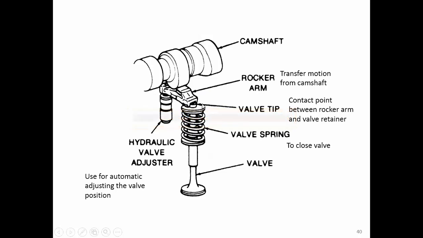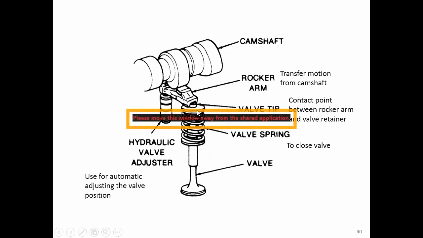This will reduce the accuracy of the timing because this portion, the valve tip here, may be worn or torn. So we need this hydraulic valve adjuster to ensure that the timing is always correct, even though the valve tip is already worn or torn, right? So this hydraulic valve adjuster is a must.